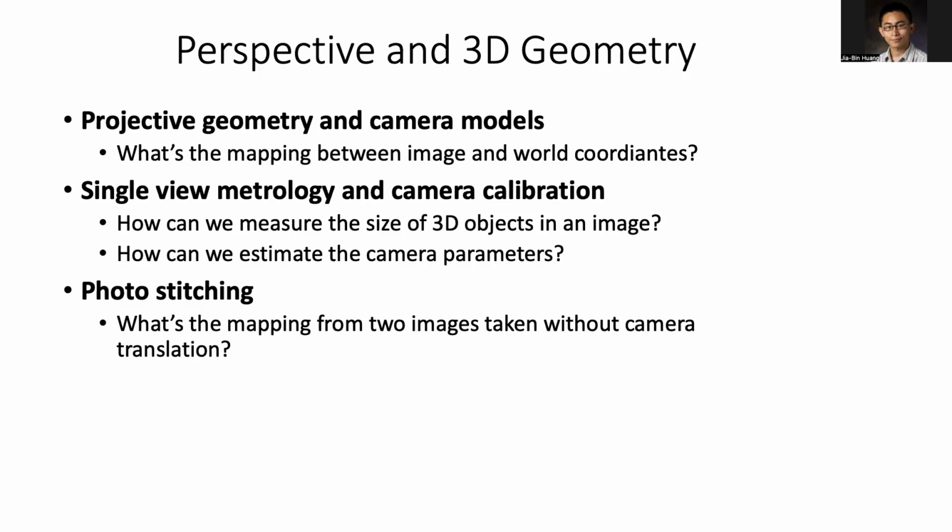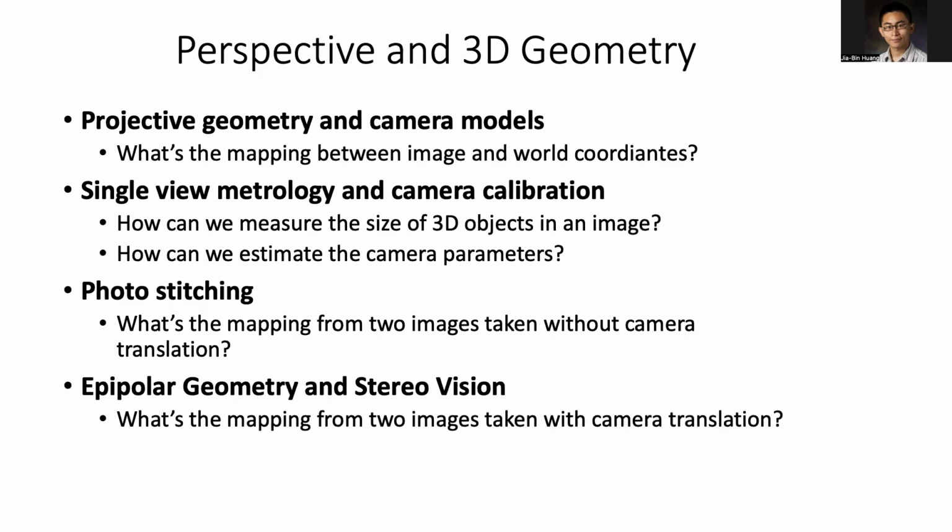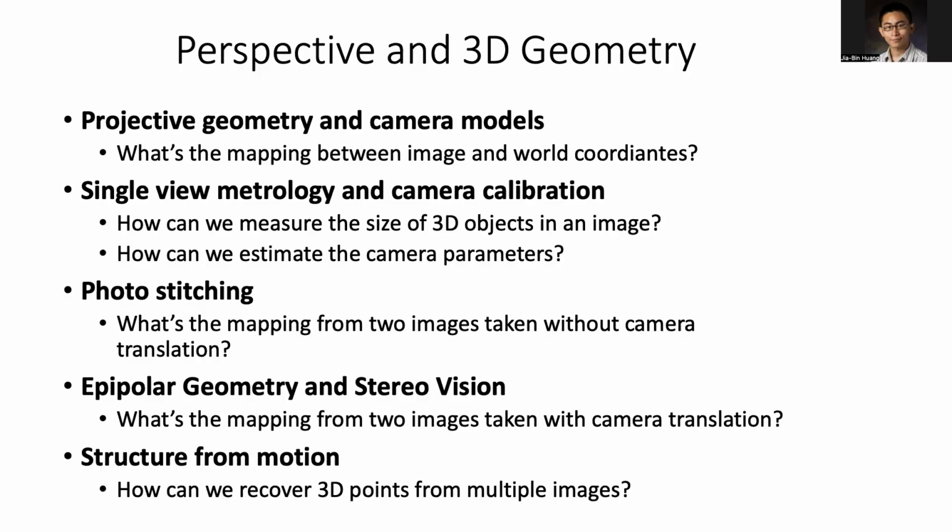And for two views, but for a camera that's translating, that becomes the stereo vision problem, okay? So there we will talk about some basic geometry inside stereo vision. And if you have multiple views, it becomes the structure from motion problem.